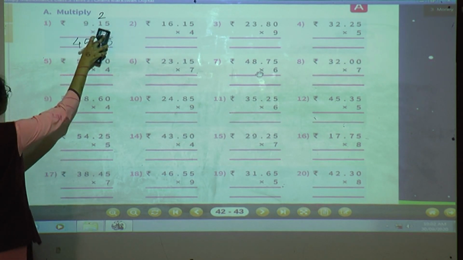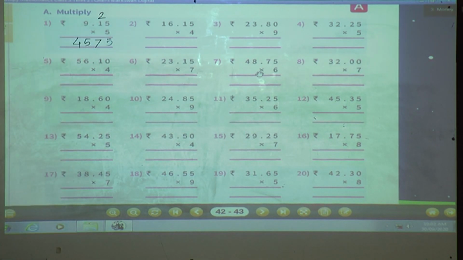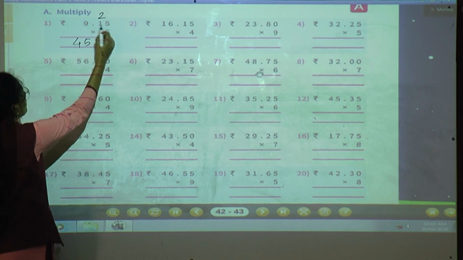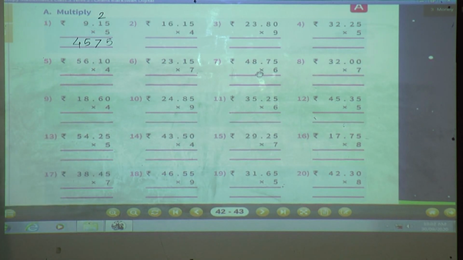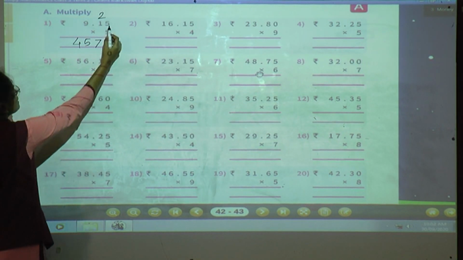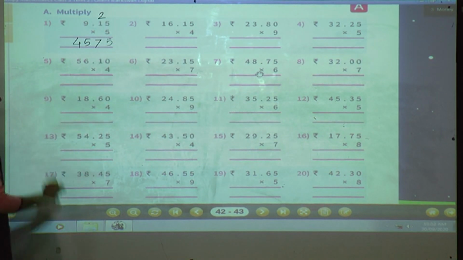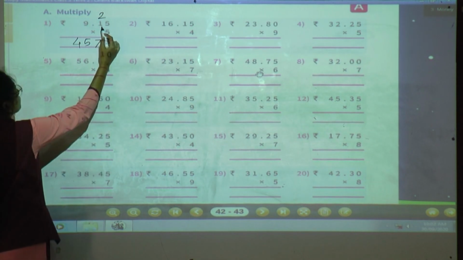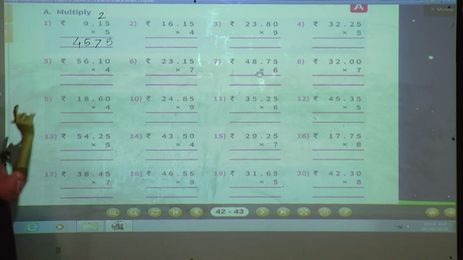Now it's time to give a dot. Where will you give the dot? See this amount, 9.15. From the right side you have to count how many digits are there. 1, 2. Before the second digit the point is there.